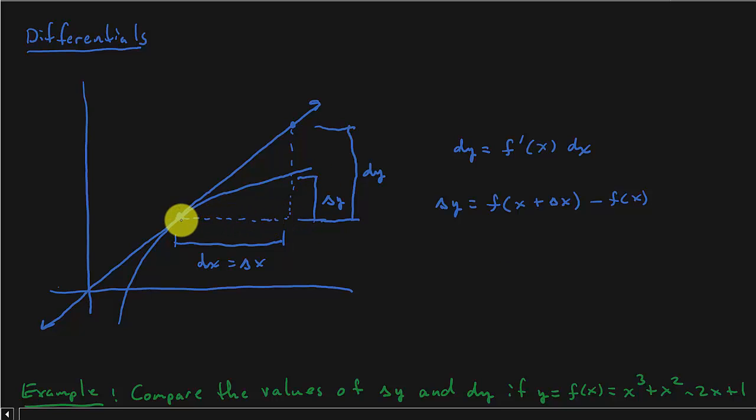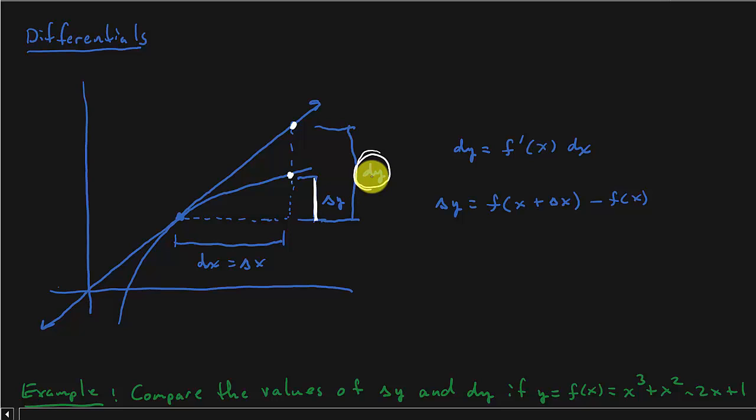It's from this point, and so if we got a point here, that's going to be that change there in that y value. You see that? From this point to this point, there's your dx or delta x, and there's your delta y. That's the change in your y. And then the dy, that's going to be up to the tangent line here. Okay, that's that difference. But what we're saying is we can get a pretty good approximation with dy. We can approximate delta y with dy.